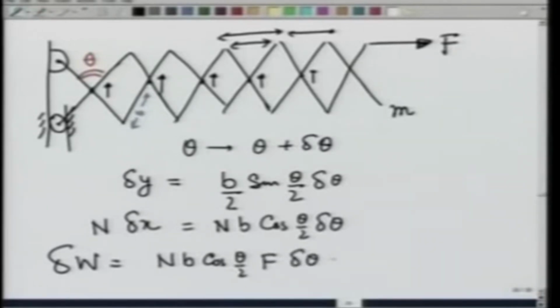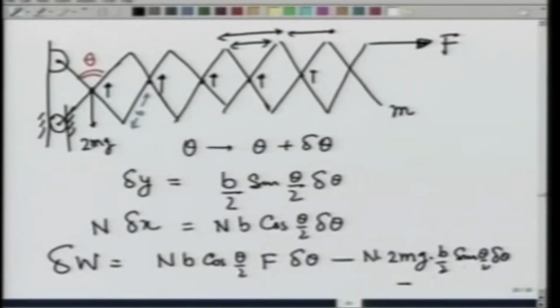minus this delta y at each link is doing work against 2 mg, and there are n such points. So, therefore, I am going to have n times 2 mg times b over 2 sine theta by 2 delta theta, and this should be 0.